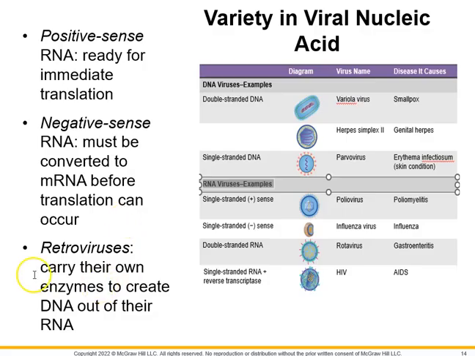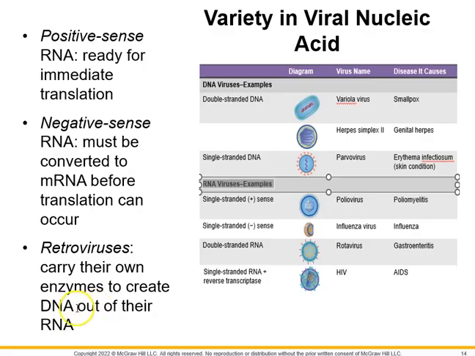More importantly, though, there are what we call retroviruses. And these guys tend to carry their own enzymes to create DNA out of RNA. So it's an RNA virus and it produces DNA from the RNA. So normally we're talking about RNA being made from DNA.